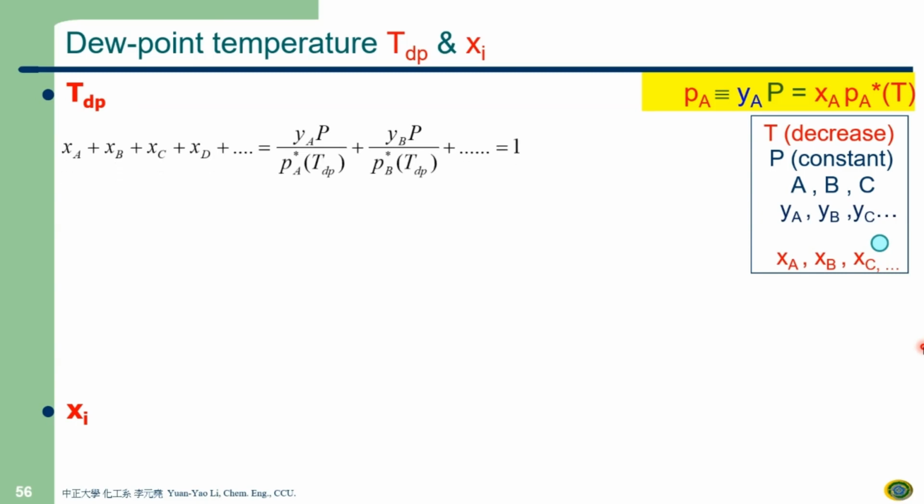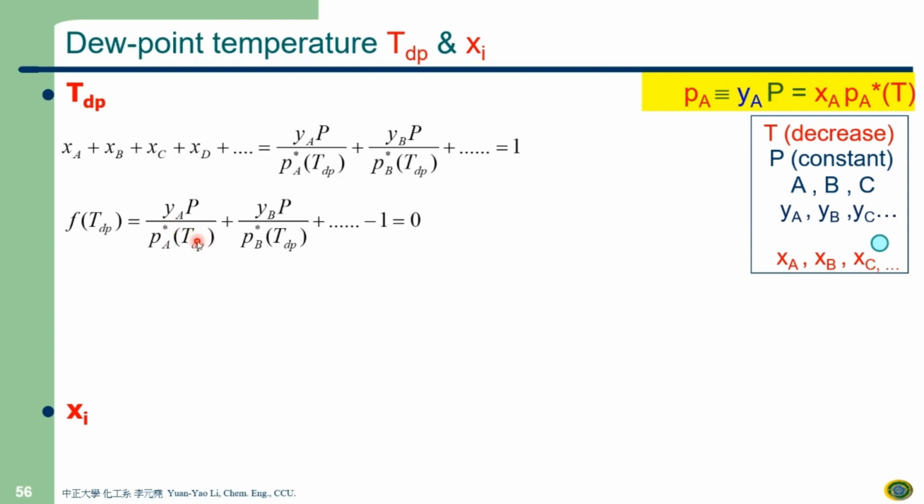So once you want to find out dew point, either temperature or pressure, this is the equation you need to remember. I don't tell you this in your final exam. You need to remember this because this is Raoult's law. Okay, xA, xB, xC, xD together, all the molar fractions get together will become 1. And molar fraction will be equal to this according to Raoult's law. Right? Okay. And then you make this equation equal to 0. So you play around with the temperature.